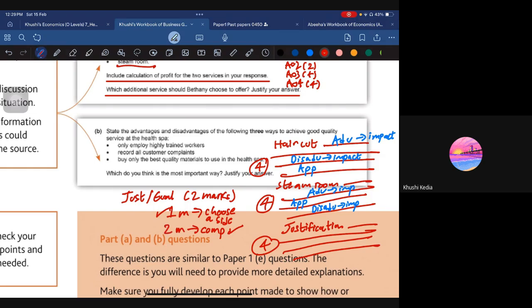Where are they giving you the 1 extra mark then? It is the reason why we are choosing that particular side. So that's a comparison that you are making, and you're giving the reason for that.